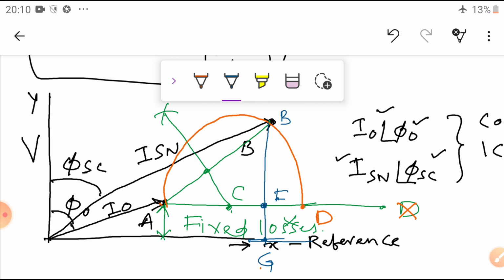Whatever input is given to the motor is dissipated in the form of heat energy. So BG is the sum of the core losses and copper losses.